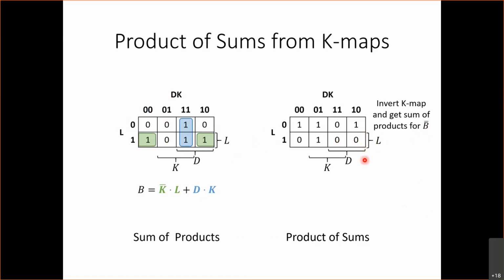And now what we do is we find the largest rectangles that cover the ones. So here we find this rectangle over here to cover these two ones, and this rectangle over here covers these two ones. And then what we do is we extract the equation for not B. So what does this blue rectangle represent?